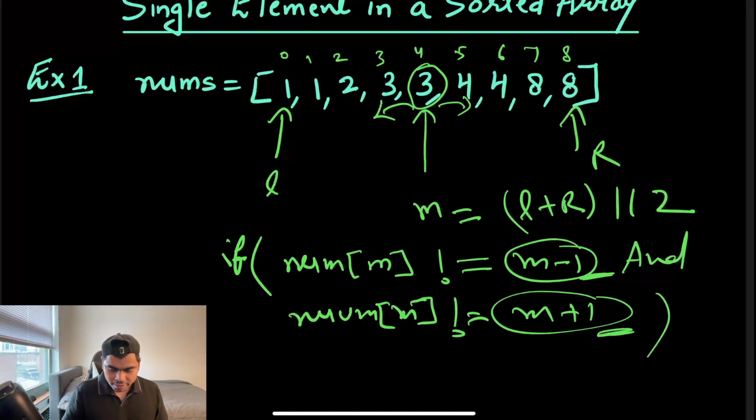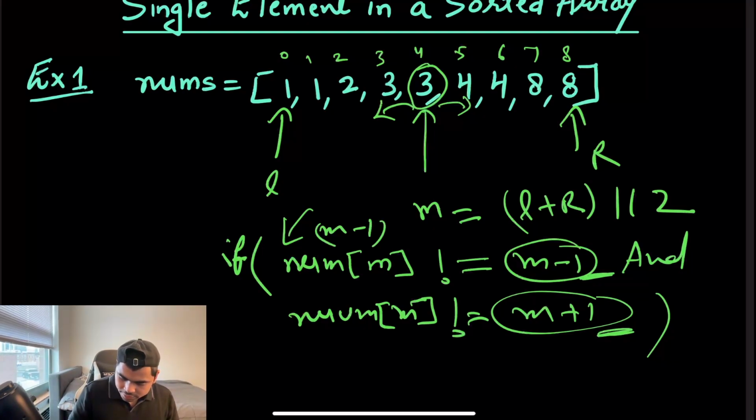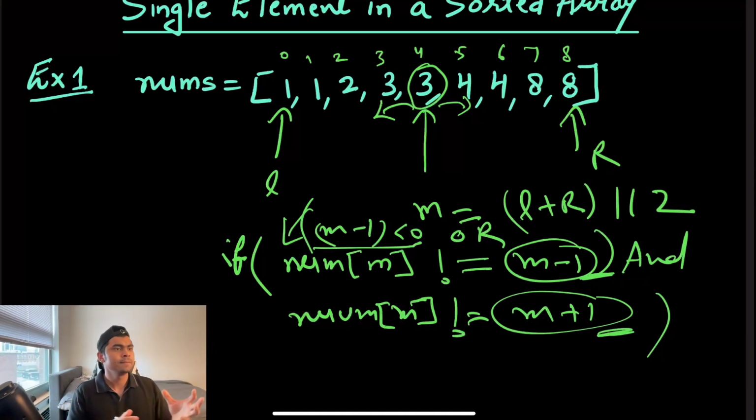We will also have edge cases where mid is pointing to the first index, so we have this little condition: if mid minus 1 is less than 0, or this particular condition, either of these can be satisfied, because it says the element before it doesn't exist, meaning it at least doesn't have anything to the left of it.